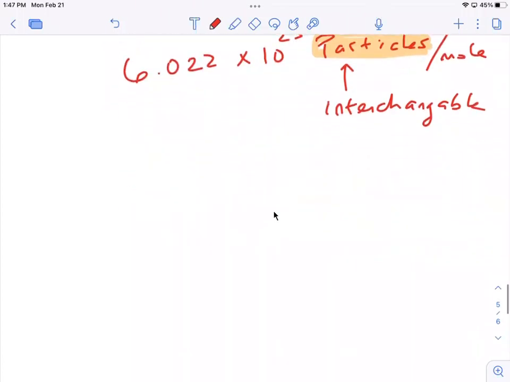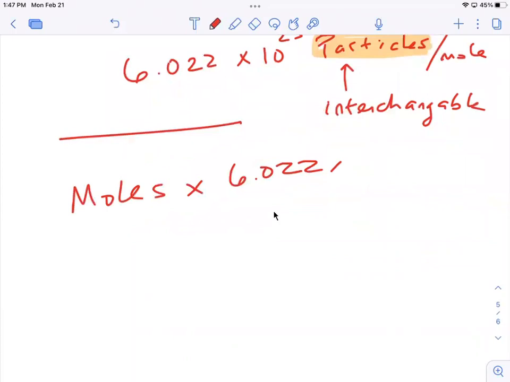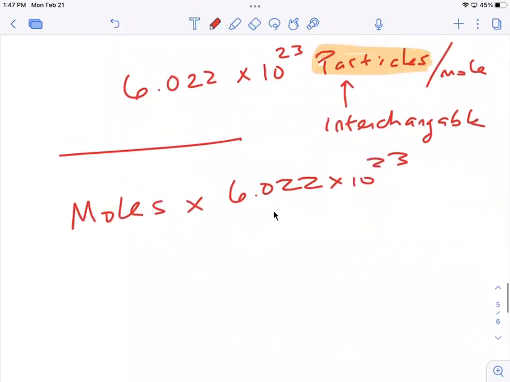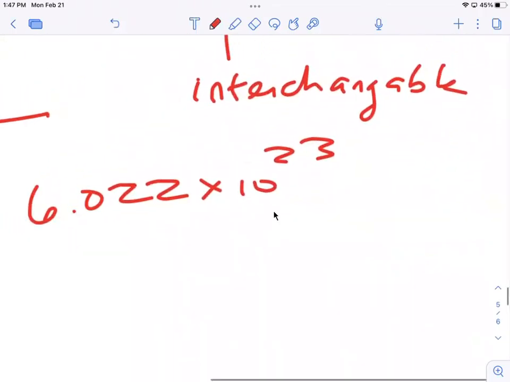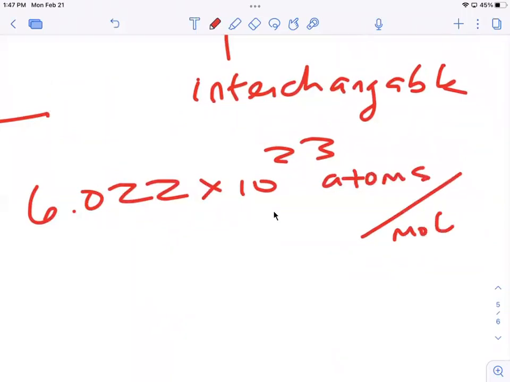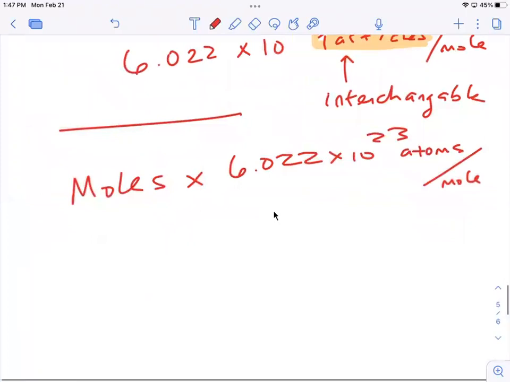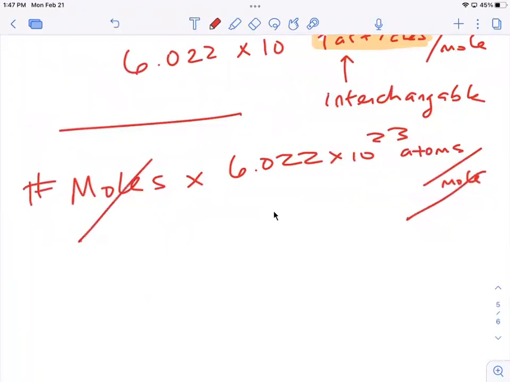If you know the number of moles, then you can multiply that by Avogadro's number. Let's say atoms per mole, right? And of course, the moles will cancel and you're left with a certain number of atoms that are present.